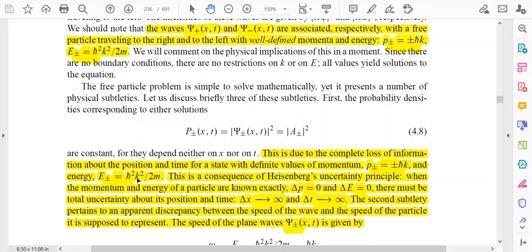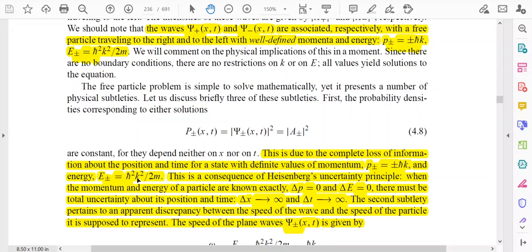Why? Because we are solving the Schrodinger equation for a free particle which has well-defined momentum and energy. As the momentum and energy are well defined, we do not obtain well-defined values of position and time.